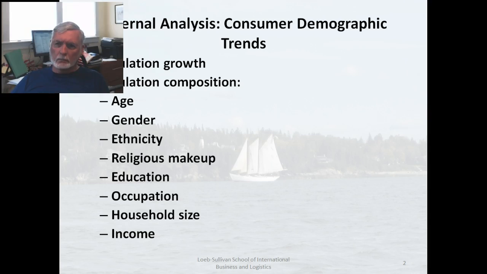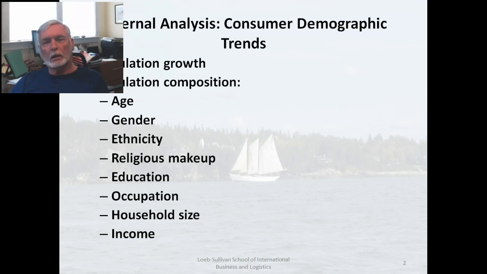So big numbers, we want to know whether the population in our target market is growing or shrinking. So if we're selling, I don't know, baby carriages, are there more babies being born or fewer babies being born in the particular geographic market that we're looking at? So population growth is an important thing to know, and then we want to know the composition of our target market population.